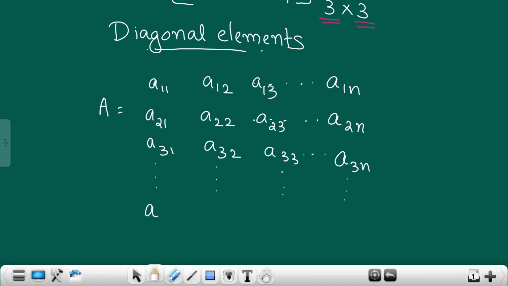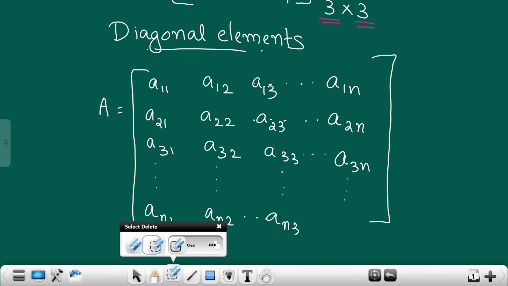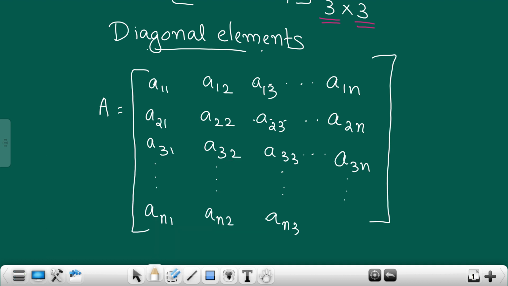I take here a square matrix. So the number of rows and number of columns, I consider it as n. So this is An1, An2, An3, etc., Ann. This is our last element because I consider a square matrix of order n by n.